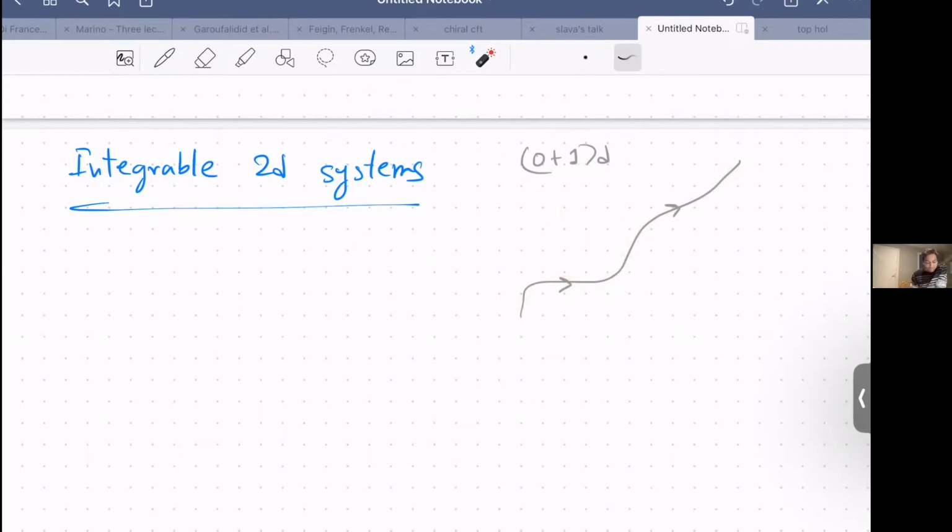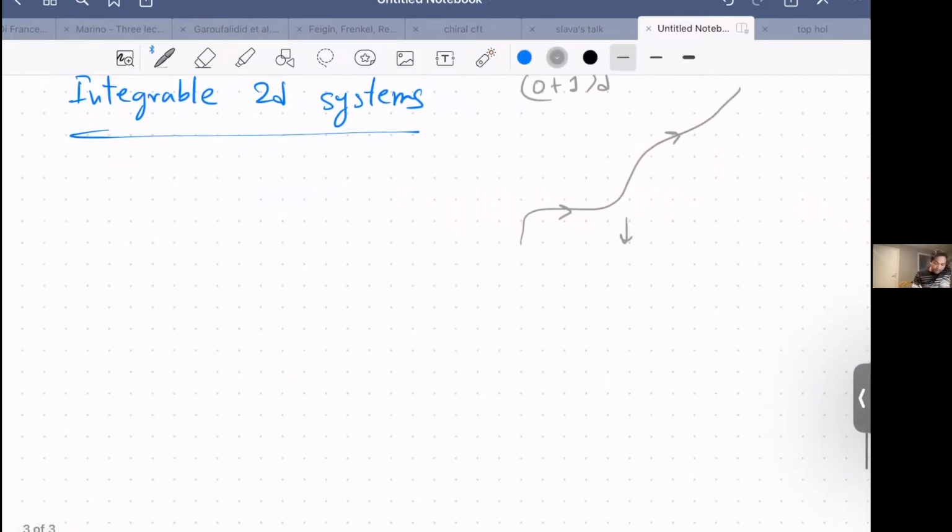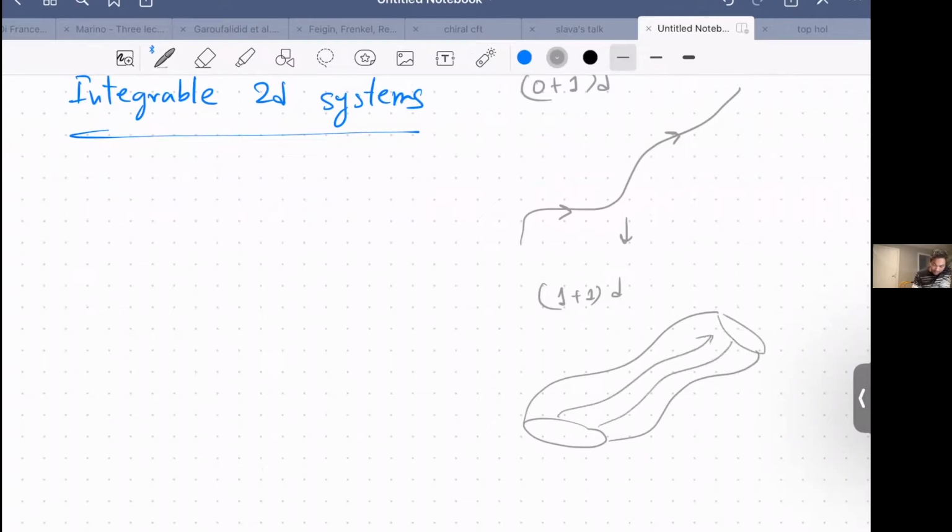So that's why it's a 0 plus 1 D system. But you can now generalize this to a 1 plus 1 D system. So you replace the world line with some world sheet. So now you have some kind of strings moving in some target space. Okay.